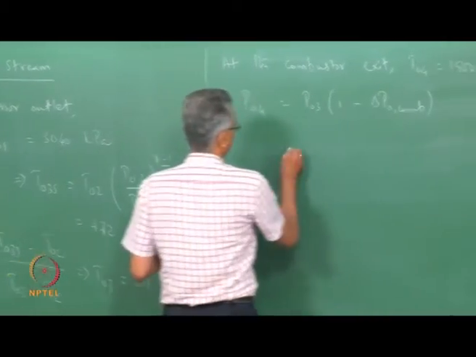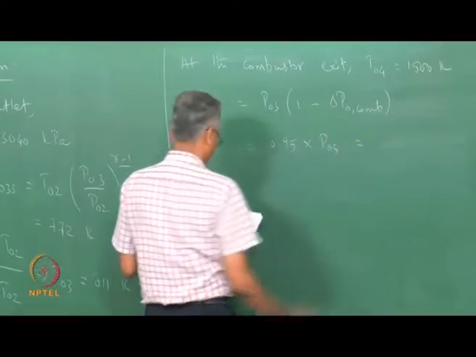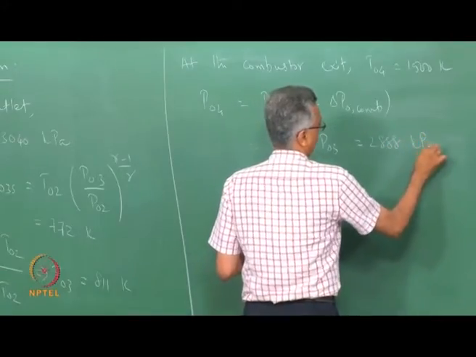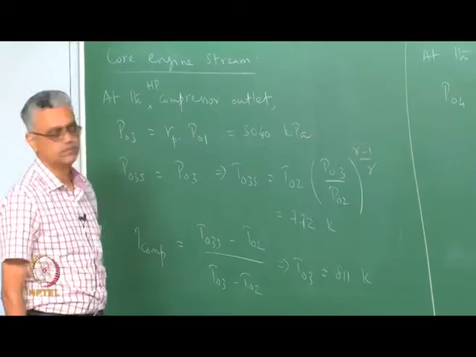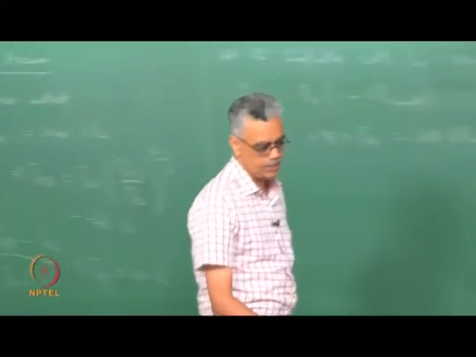So, that means this is 0.95 times P03 which works out to 2888 kilopascal. So, now we know P04 and T04. We go to the next component, which is the HP turbine.